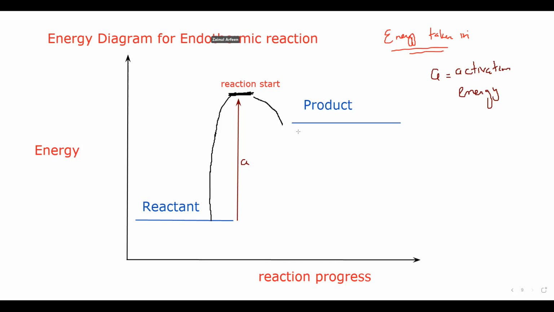And the arrow from reactant to product, sorry, from product to reactant, when we draw the arrow, what do we call this arrow?